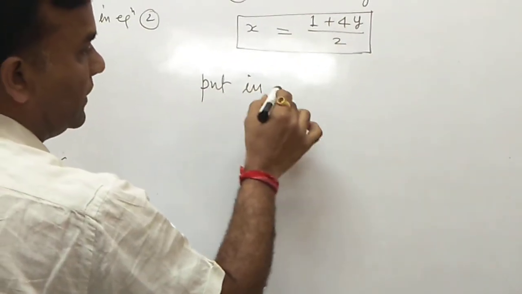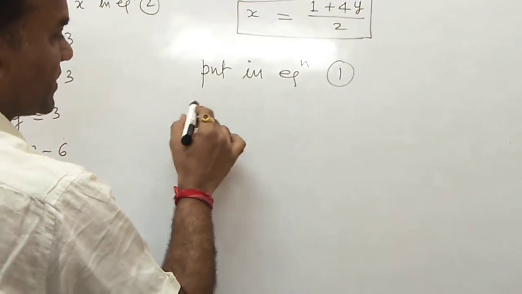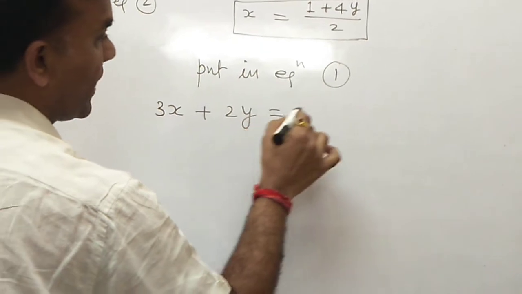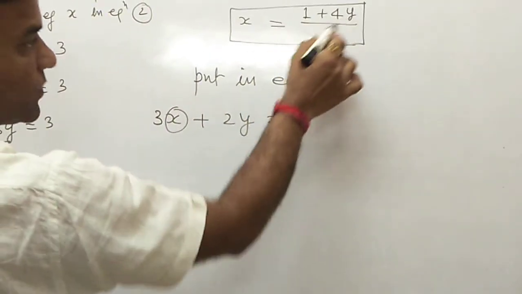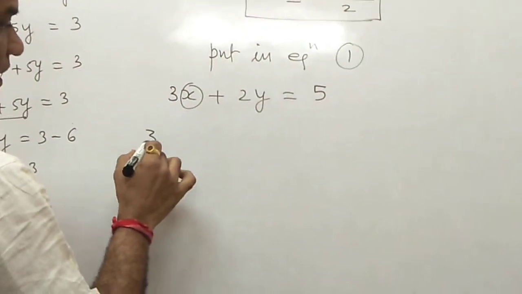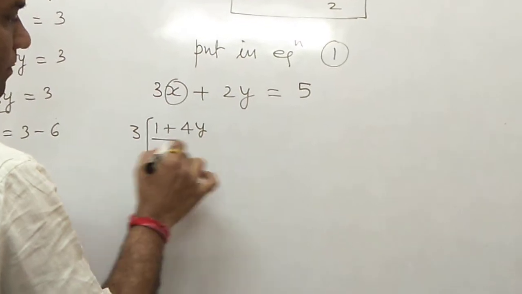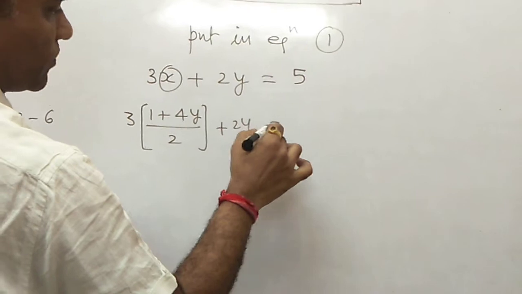Because we considered the second equation, we put this value in equation 1. Equation 1 is 3x plus 2y equal to 5. Now we know the value of x is 1 plus 4y by 2. So we substitute: 3 into 1 plus 4y by 2, and then plus 2y equal to 5.